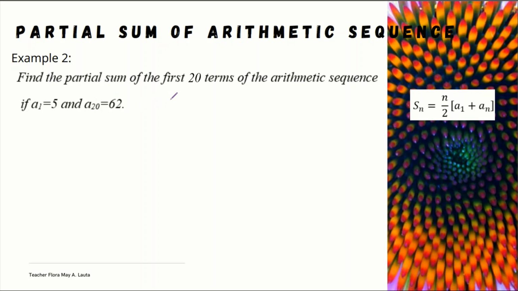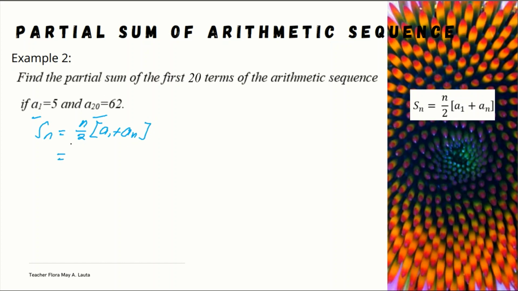Let's have another example. Find the partial sum of the first 20 terms of the arithmetic sequence if a sub 1 is 5 and a sub 20 is 62. So in this case, we are only given the first term and the last term. For that, we are going to use this formula: S sub n is equal to n over 2 times a sub 1 plus a sub n.